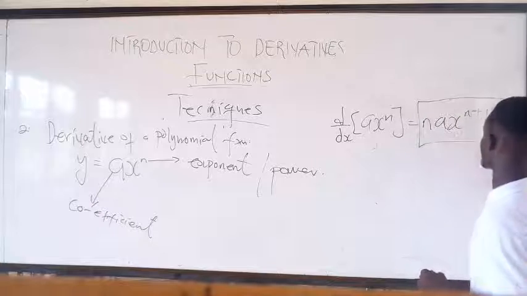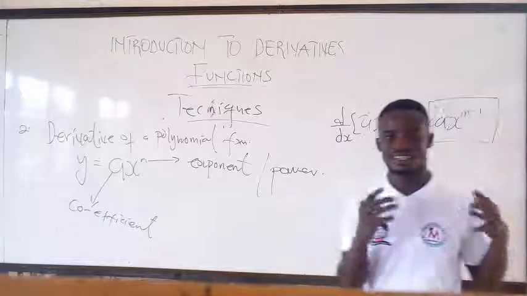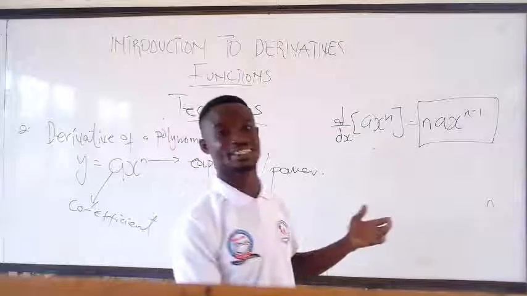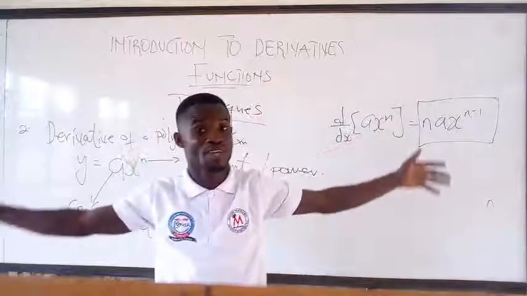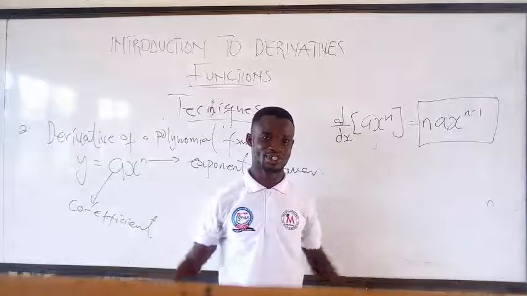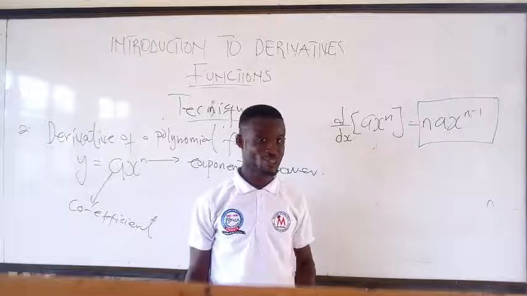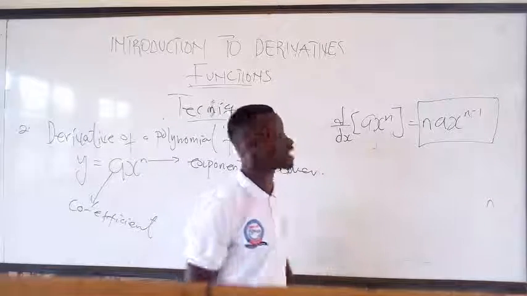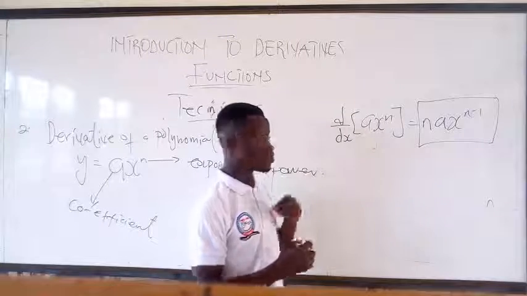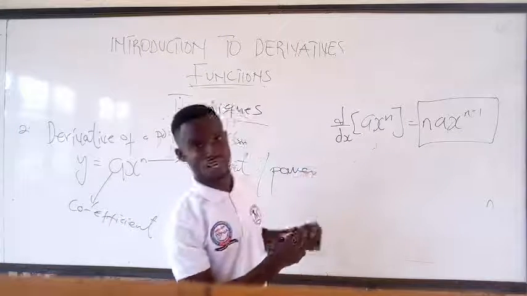And that gives the general form of how we take derivative of any polynomial function. Yeah, any polynomial function. You can take derivative of it. Let's continue. So, in general, this is what we have.